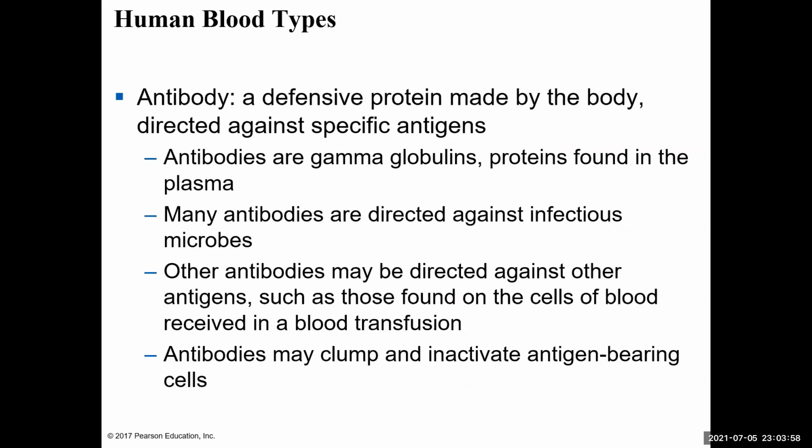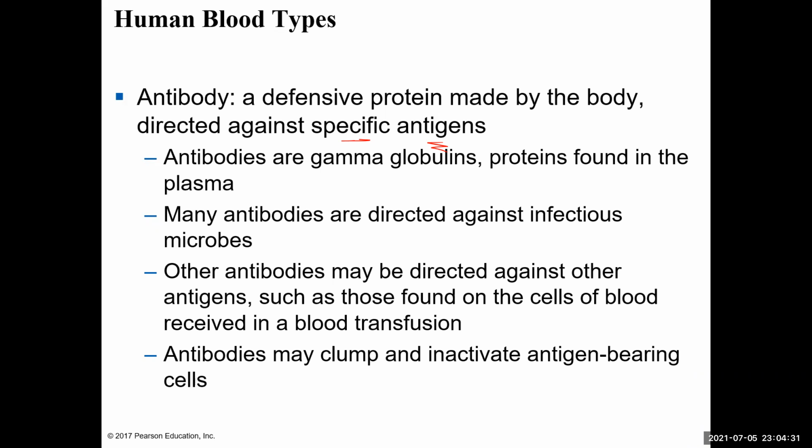And the antibody is a defensive protein that defends against specific antigens. Okay? So, for example, there are certain bacteria that our bodies have antibodies for, and those antibodies will respond to the specific antigens on those bacteria. Right? There are lots of other antigens and antibodies that are present throughout our bodies.